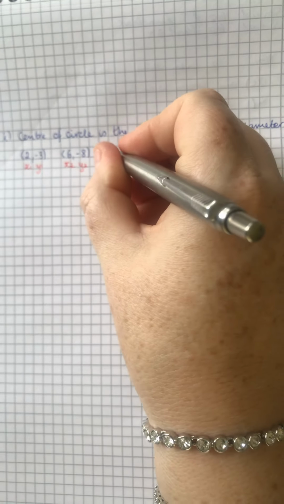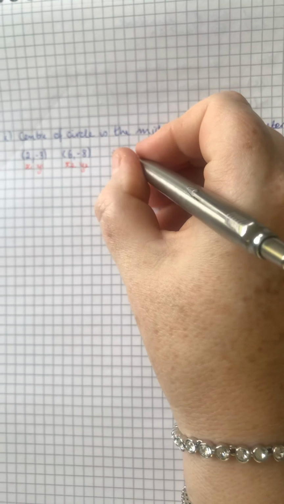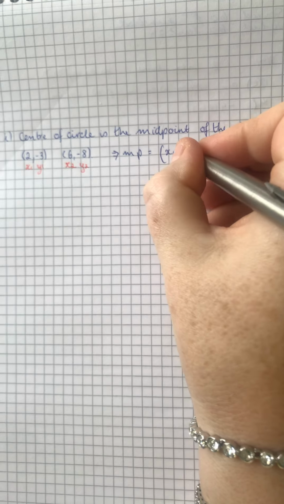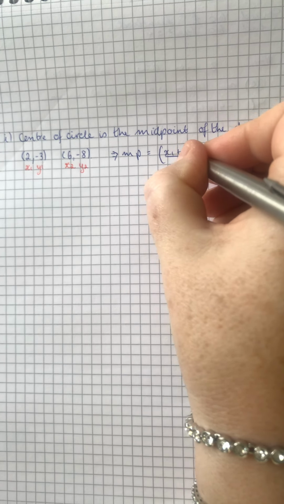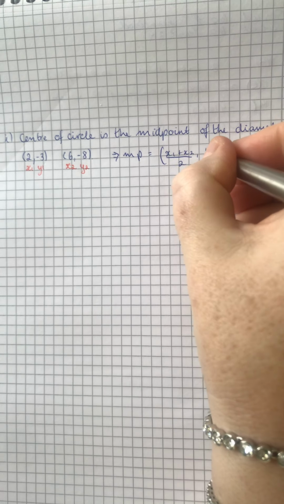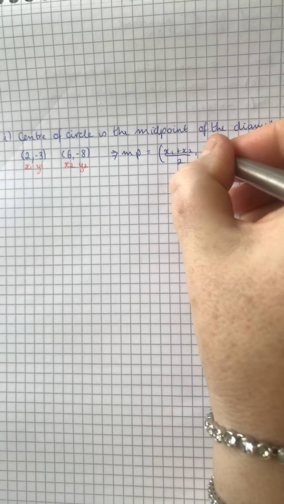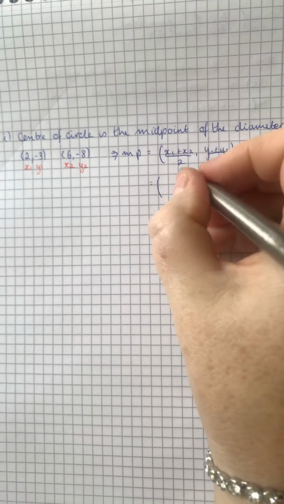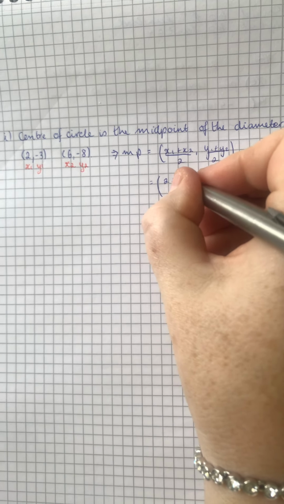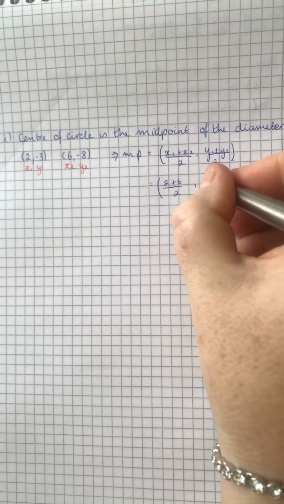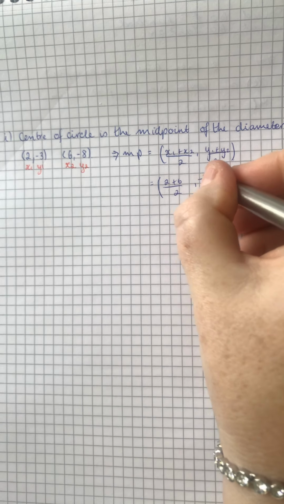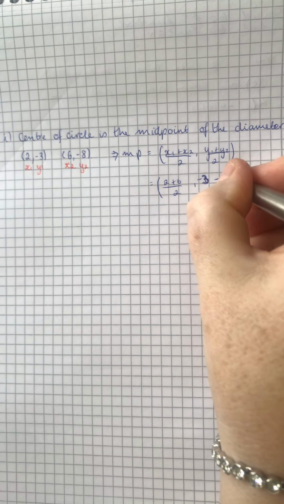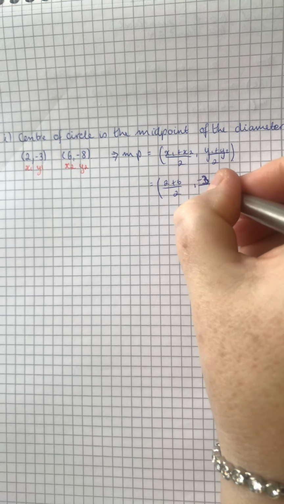And then from our tables and formula book, we get the midpoint formula. And we know that that's (x1 plus x2) over 2, (y1 plus y2) over 2. And that's going to be (2 plus 6) over 2, and (-3 minus 8) over 2.